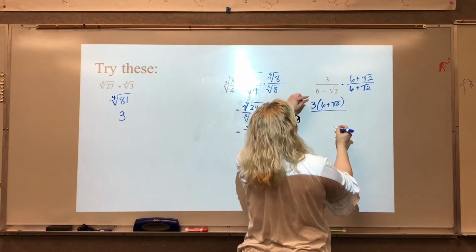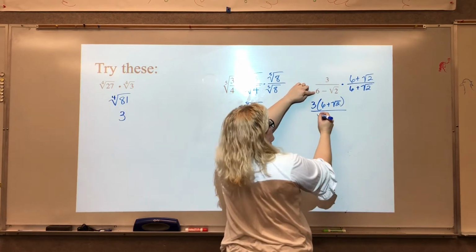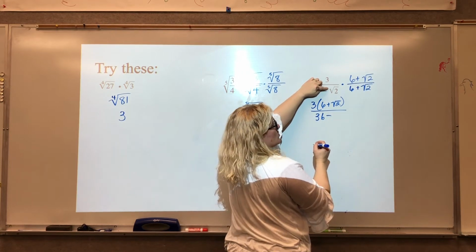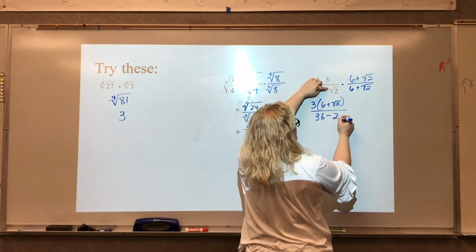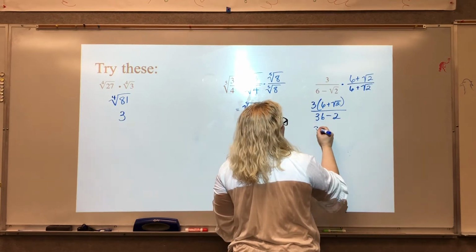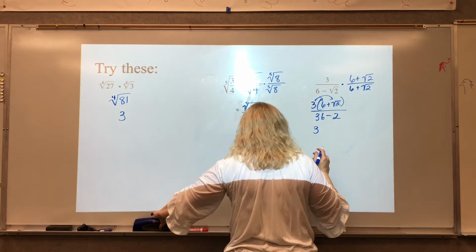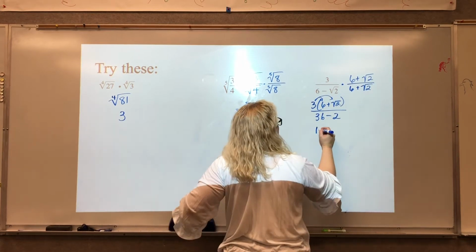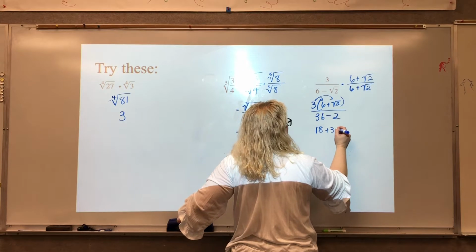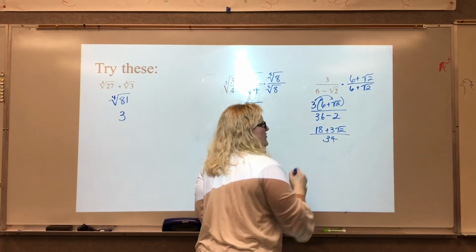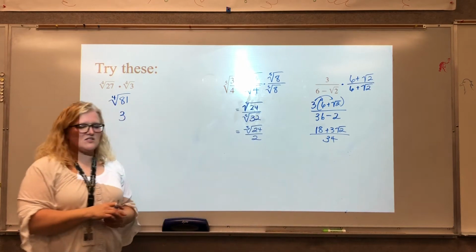And on the bottom I have 6 squared, which is 36, minus the square root of 2 squared, which is 2. So now I'm going to distribute this 3, so this becomes 18 plus 3 times the square root of 2 over 34. So that is the answer to that one.